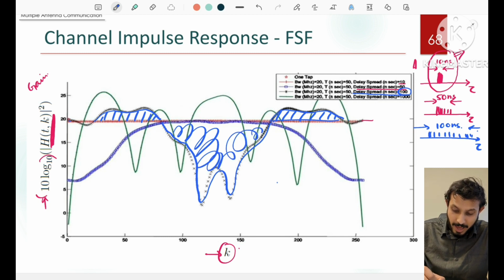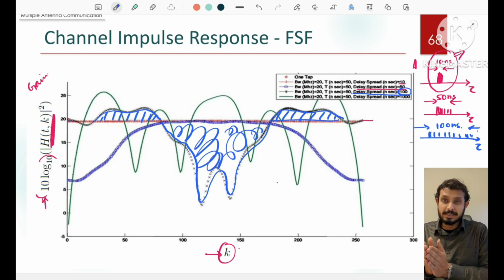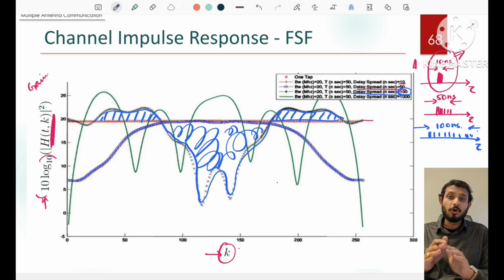So we have a selection in frequency where the signal is passing with low attenuation, or we can say the signal is highly correlated, and there are some portions of the frequency where the signal is highly attenuated.